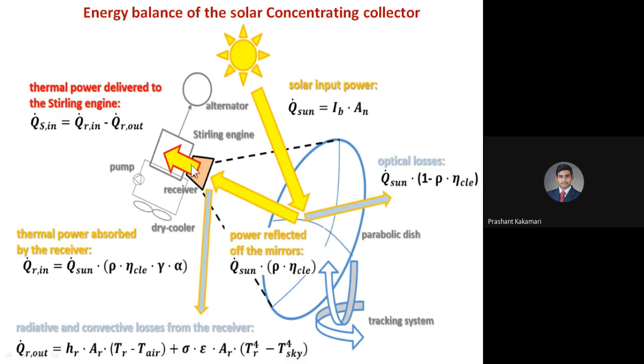In that also some small losses will be there. That is given by the convective or the radiative losses. That's why they have added the convective heat transfer loss as well as radiation losses. This we already saw in the flatbed papers. So this is not in the syllabus to discuss, but to understand where all the losses are happening and where all the useful energy transfer is going to happen, for that I have taken this slide.